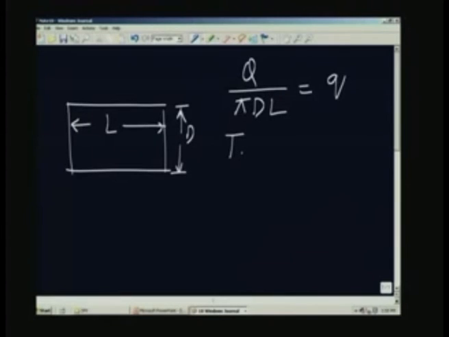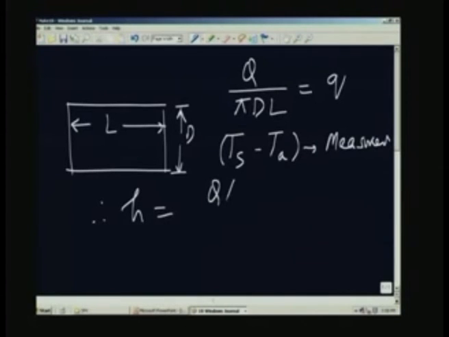T of the surface is measured, T ambient is measured, therefore, I can say the heat transfer coefficient is nothing but Q by pi d L divided by Ts minus T. The principle is the same as the gauge we had earlier.